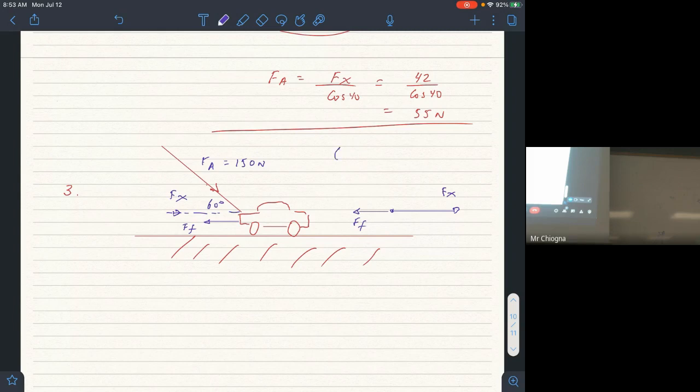So we have the cosine of 60 is equal to the adjacent side over the hypotenuse. So Fx over Fa. So we want the Fx. The Fx is just Fa times cos.